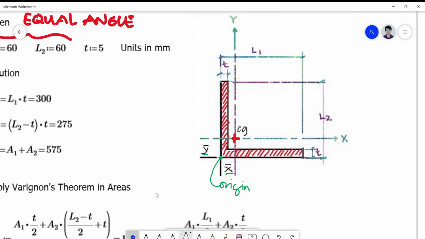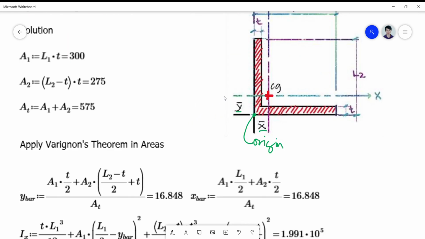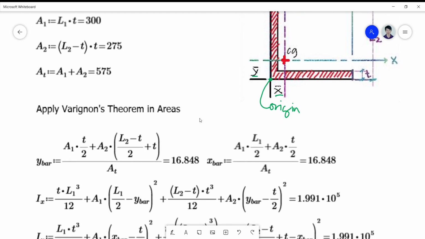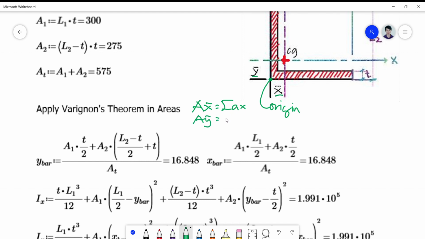Okay, so for the location of the centroid of the angle bar, since this is not a standard angle, we cannot go into the table to get the centroid of the section. We simply apply Varignon's theorem for the area concerned using the simple formula: A x bar is simply equal to the summation of individual areas times x, and A y bar is simply equal to the summation of area times y.